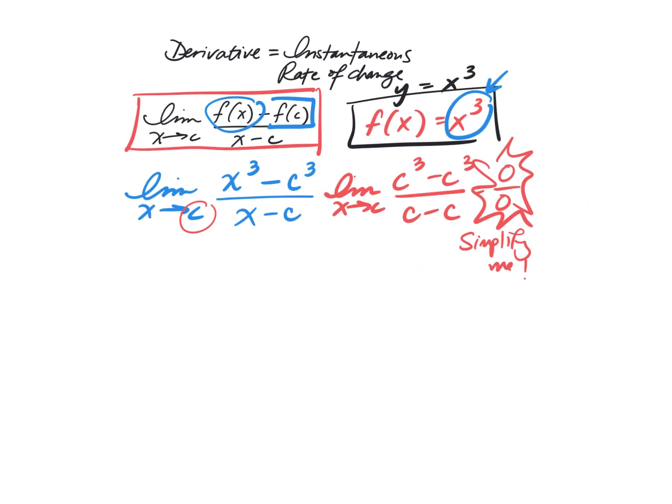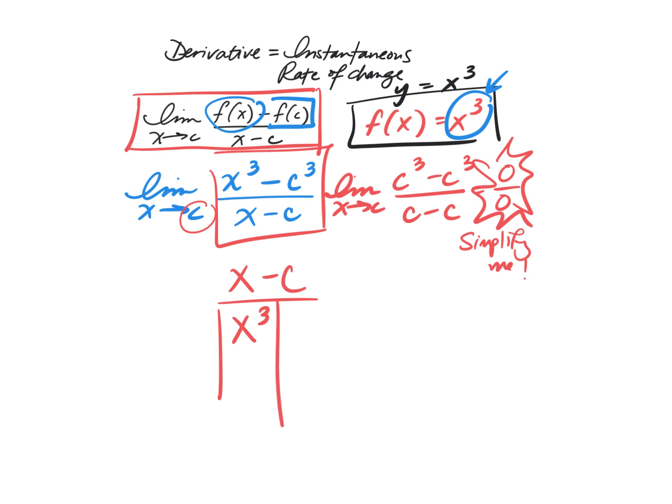So what I'm doing is I'm taking x cubed minus c cubed, and I'm going to divide it by x minus c. Now, I don't know exactly how far this is going to go, so I'm just going to start it, and I'm going to work from there. So if I have a generic rectangle right here, and the area is x cubed, I have x on this piece, I need x squared right here.